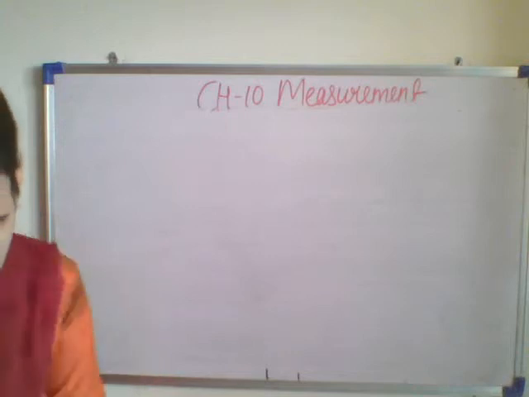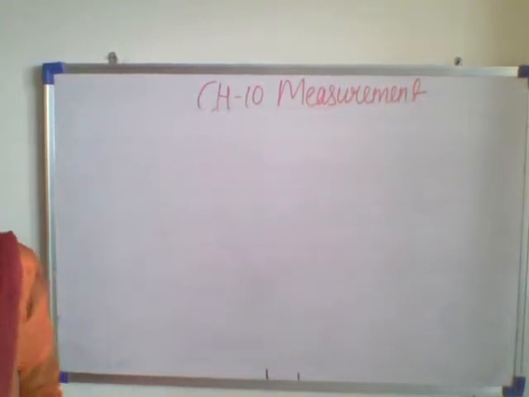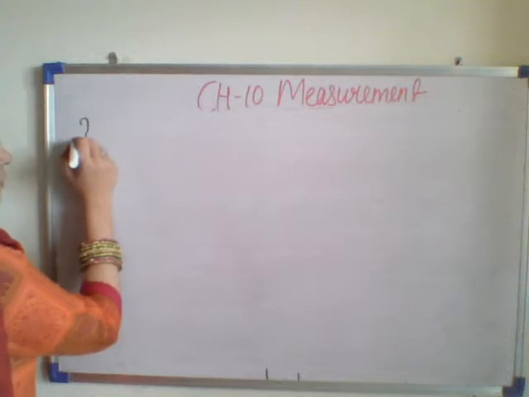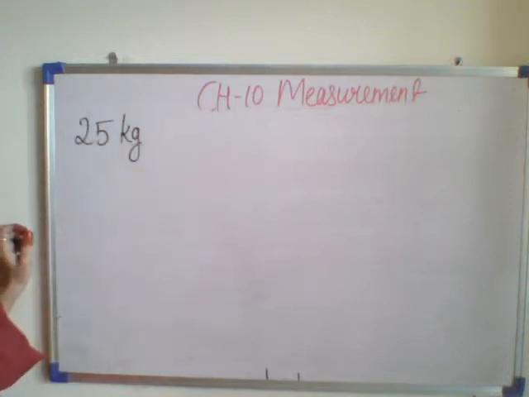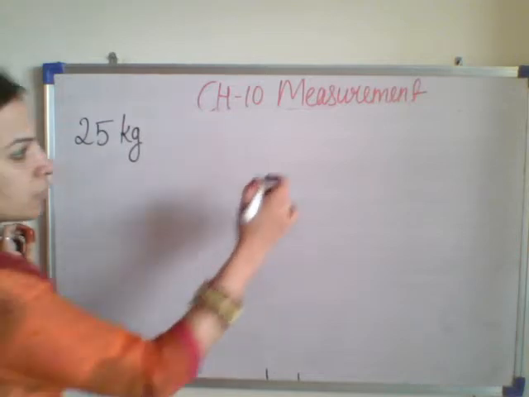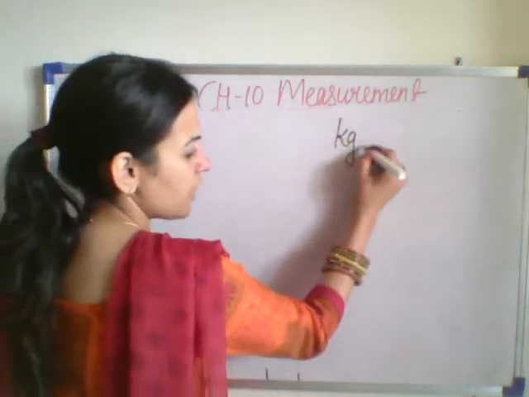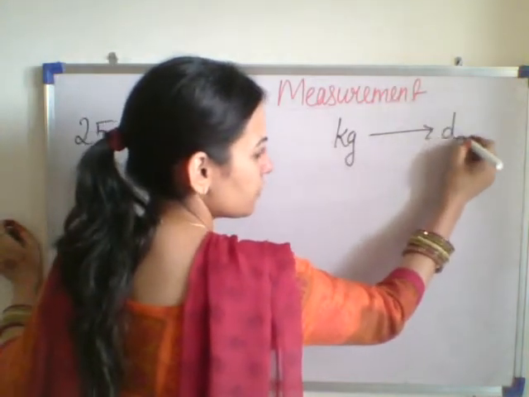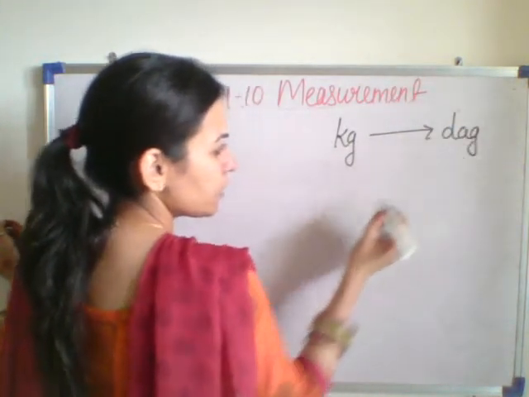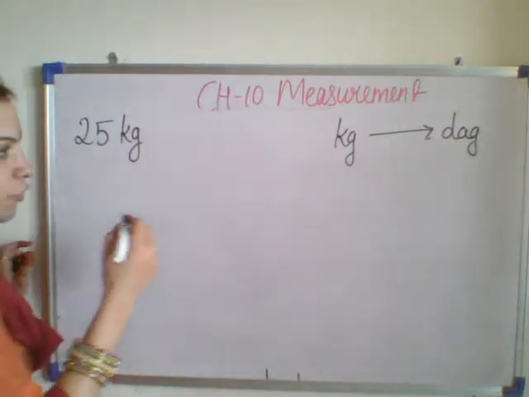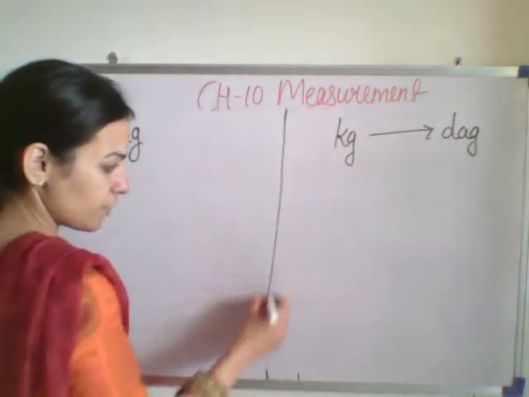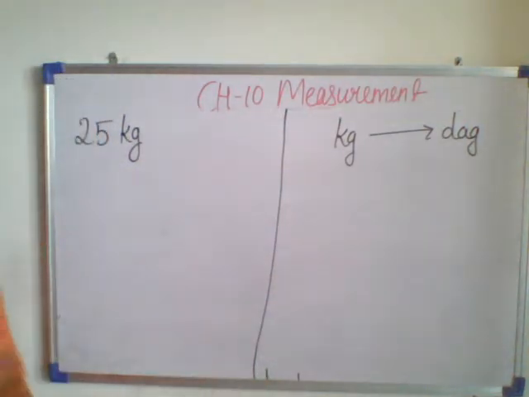The first is 25 kg. This 25 kg, I want to convert it into decagram. I have written the units here. So for your convenience, on the right hand side, I am writing the units again.